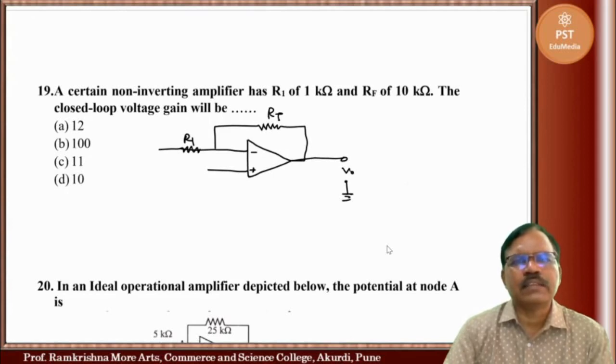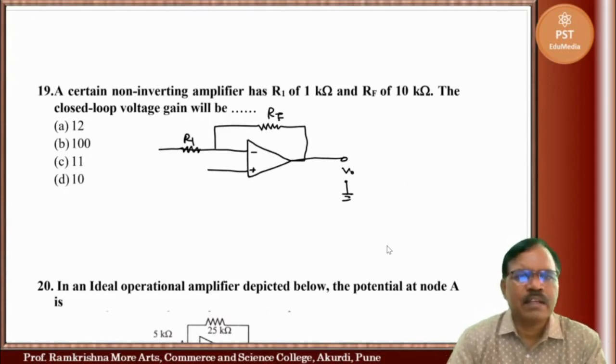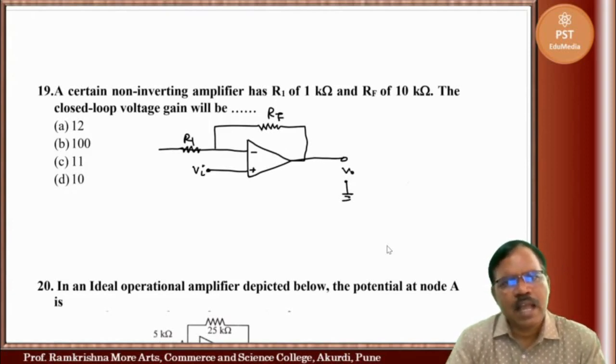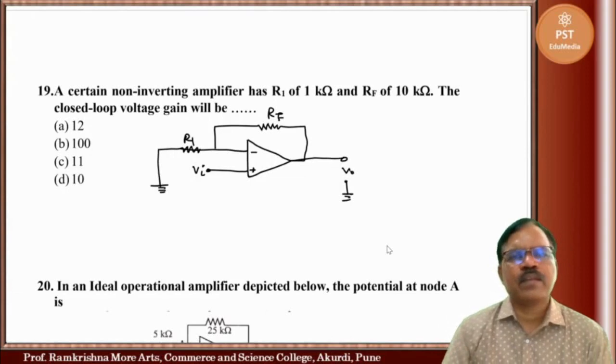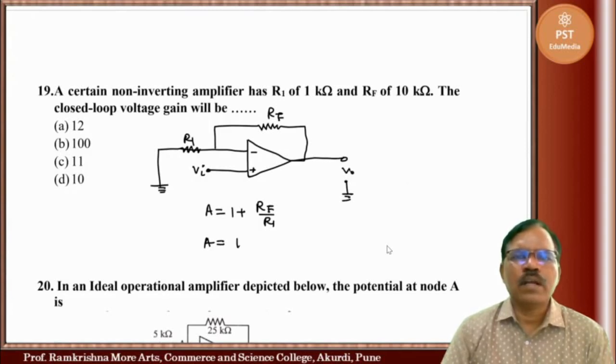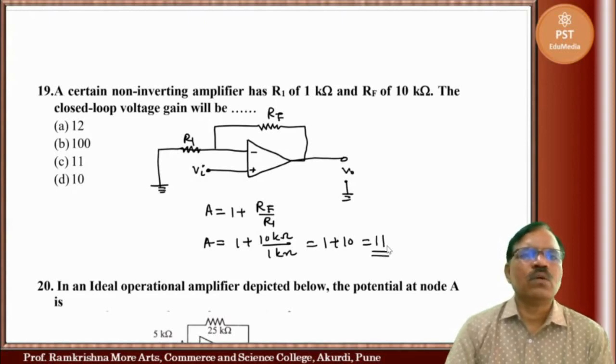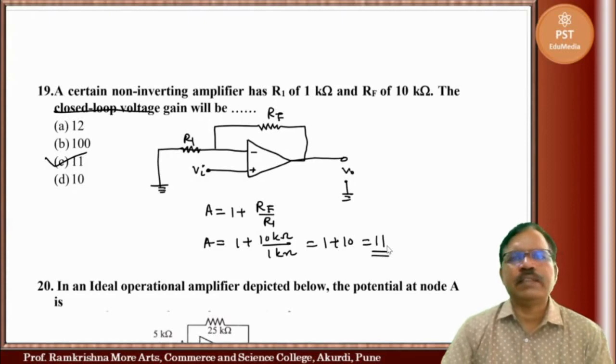Here is the feedback resistance. Non-inverting amplifier means the input is connected to the non-inverting terminal and the inverting terminal is grounded through R1. So the gain of the amplifier is 1 plus Rf upon R1. So the gain is 1 plus 10 kilo ohm upon 1 kilo ohm, so it is 1 plus 10 is equal to 11. This is the closed loop gain. So it is 11.